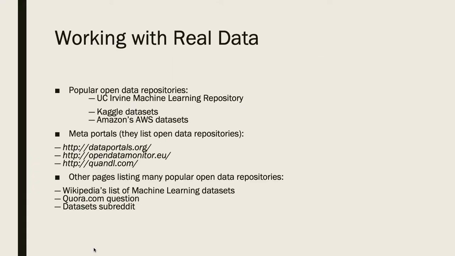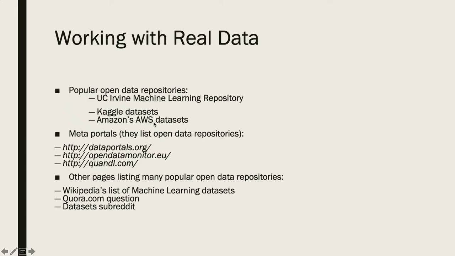Right. So in working with real data, there are several sources of public data that you can have access to. Number one, you could have some popular open data repositories like the UC Irvine Machine Learning Repository.